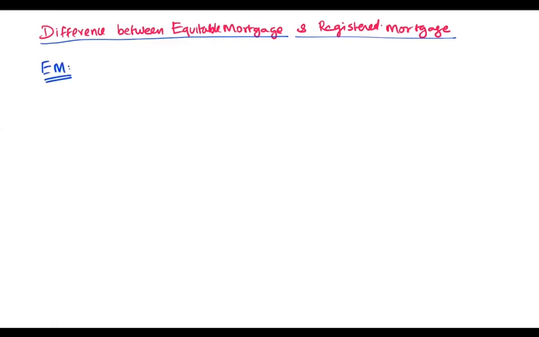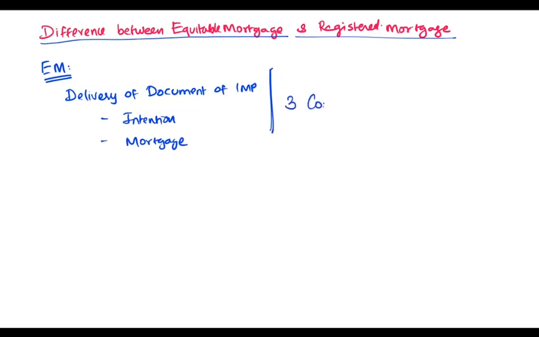When I say equitable mortgage, it is a mortgage arrangement which involves delivery of document of title, delivery of document of that immovable property with an intention to create mortgage. So basically there are three conditions attached with it. Condition number one, there should be a debt.